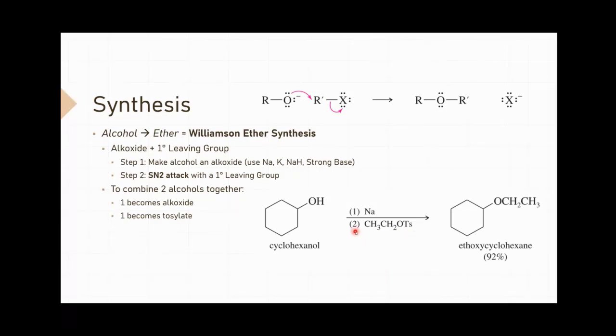Right. And so if you're reacting two alcohols together, one of the alcohols would be the alkoxide, so you would deprotonate one of them, and the other one you would just tosylate. That's in order to combine two alcohols together.